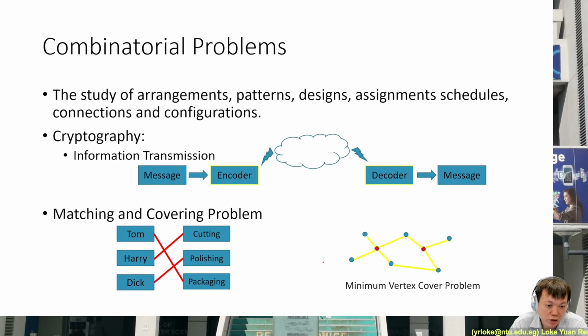So they can use this minimum vertex cover problem. They need to find the minimum number of checkpoints to allocate at particular junctions, such that all the cars have to pass through these junctions, and then they can check all the cars in this traffic network. So that is another kind of problem. In your daily life, we need to solve it.